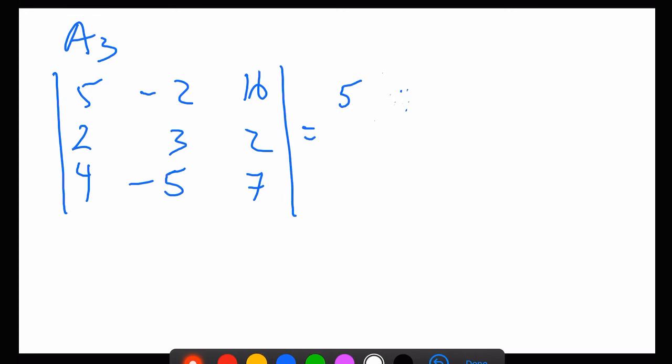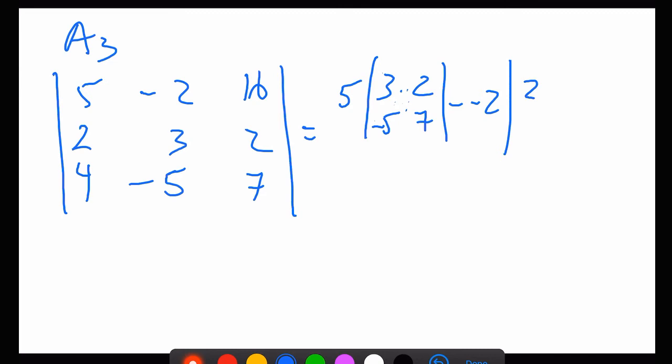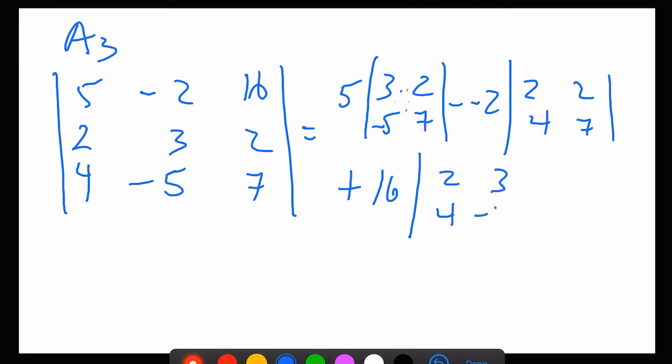Just a reminder, it's 5 times 3, 2, minus 5, and 7. But you should be able to do this all in your head by now. 2, 4, 2, 7, plus 16 times 2, 4, 3, minus 5.